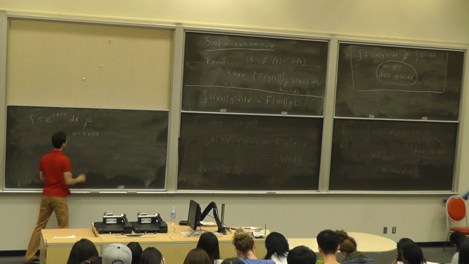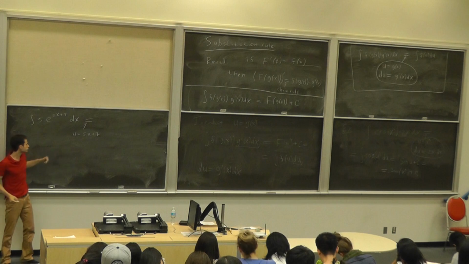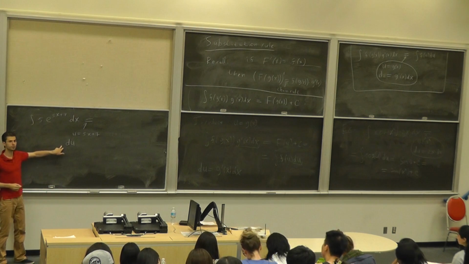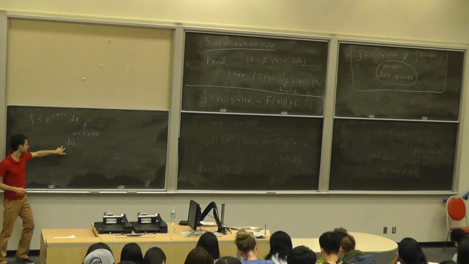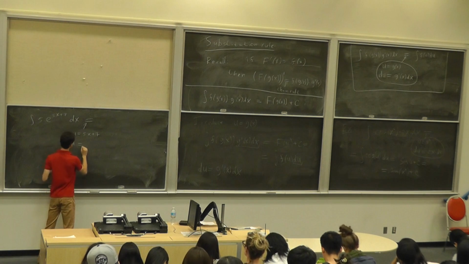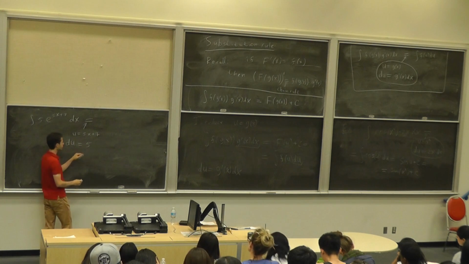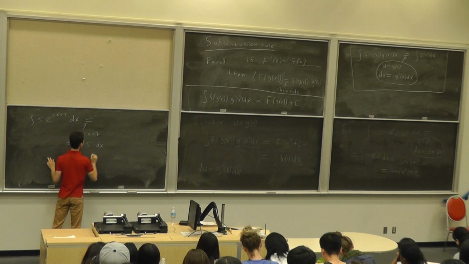And call it u. The substitution rule tells you the integral is going to be transformed according to this formula. du is going to be the derivative of 5x plus 7, which is 5, times dx.